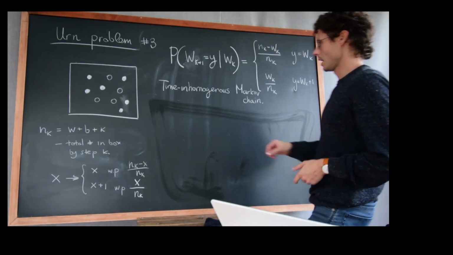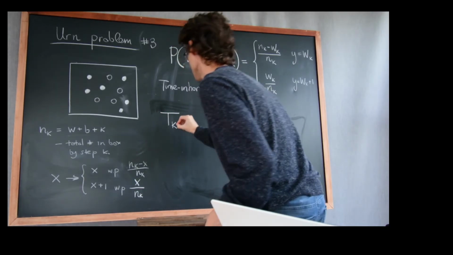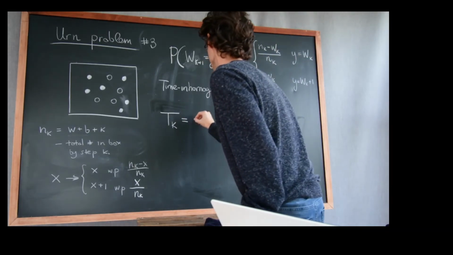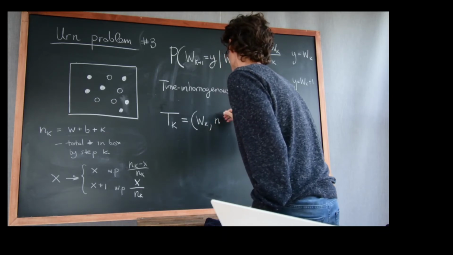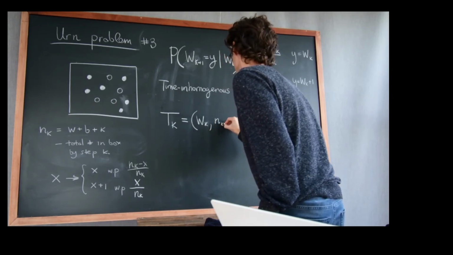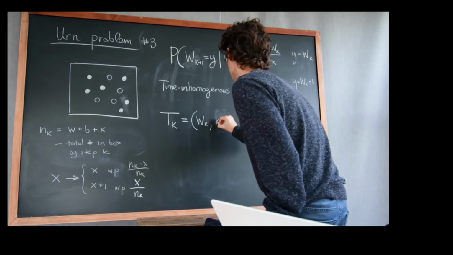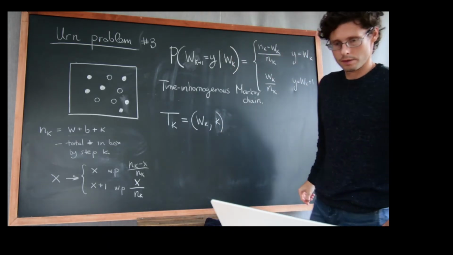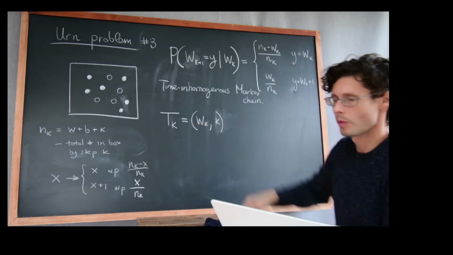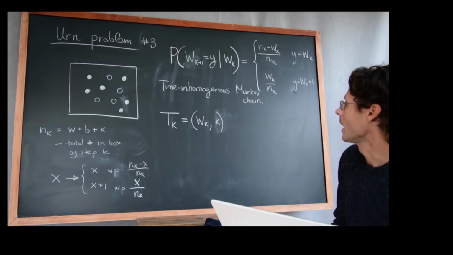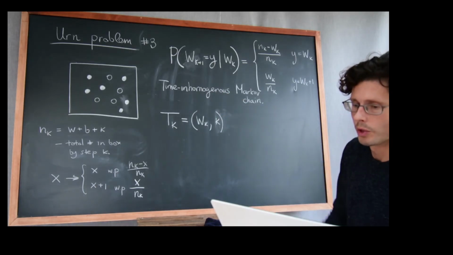Let's say that I define a new process that's equal to the following tuple, W_K and N_K, or maybe even just K. Try to see if you can pause the video and think through whether this process, T, is a Markov chain, number one, and then ask yourself whether it's still inhomogeneous or is it a homogeneous Markov chain.